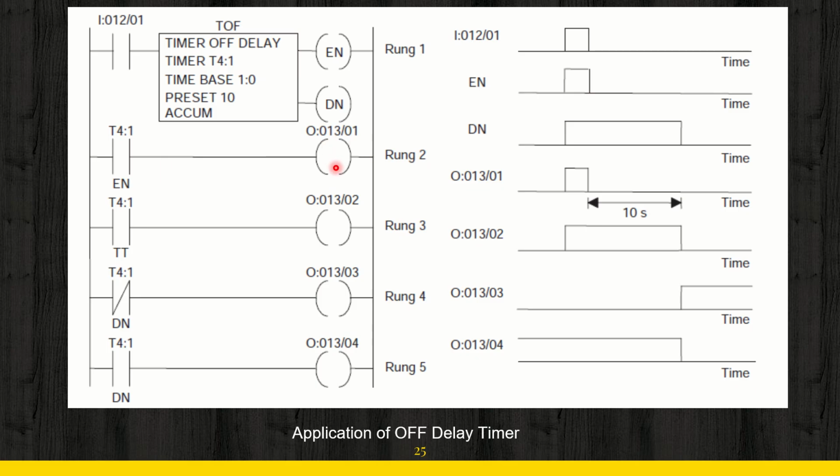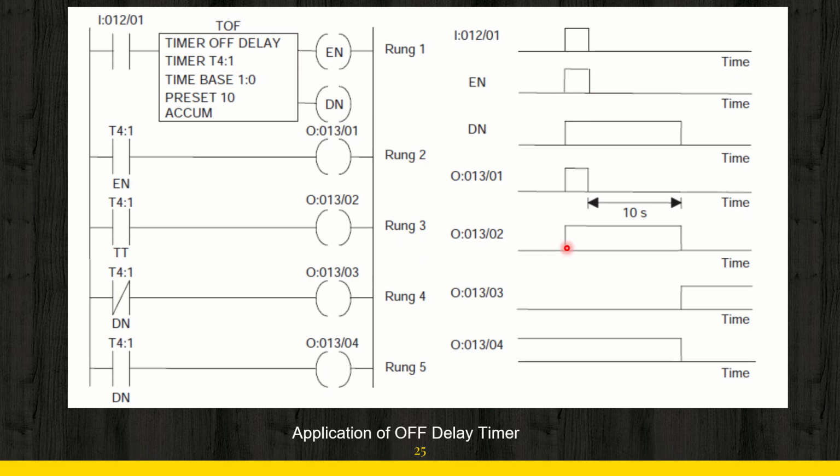So this output 01301 will remain high only for the period during which the enable terminal is high. The T4:1 enable terminal is associated with this contact. Therefore this particular coil will remain high only for the enable duration. After that you can see in rung 3 we have the TT terminal.